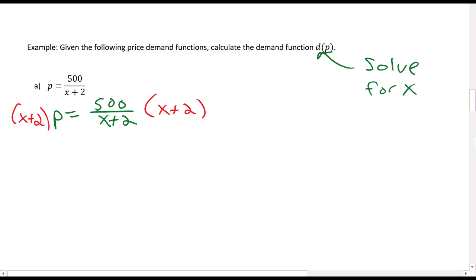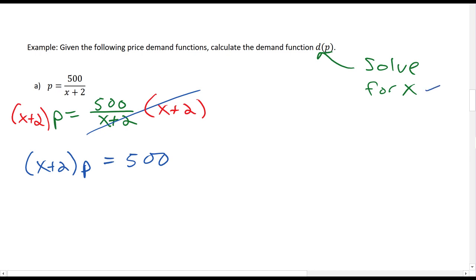So what that means is that we now have, on the left side, x plus 2 times p is equal to, well, the beautiful thing is that the right side is going to cancel out, and we're left with just 500.